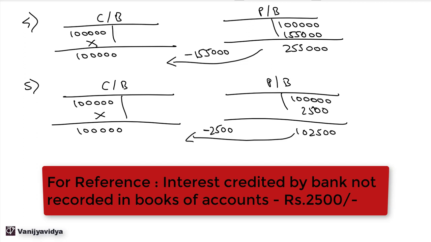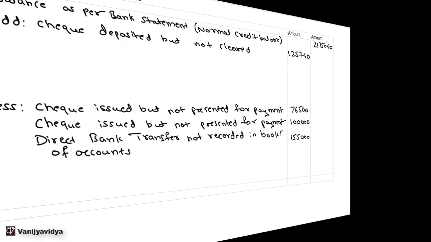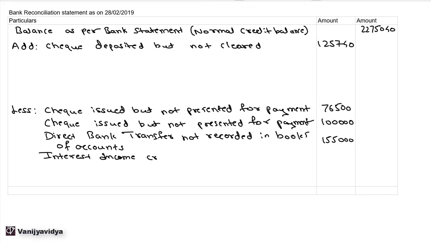So if you compare the balance of the cash book, it will be less as compared to the passbook to the extent of 2,500. Now since we are moving from passbook to cash book, we have to reduce this 2,500 in the bank reconciliation statement. Let's do this. Less interest income credited by bank not recorded in the books 2,500. Now this was the last transaction.